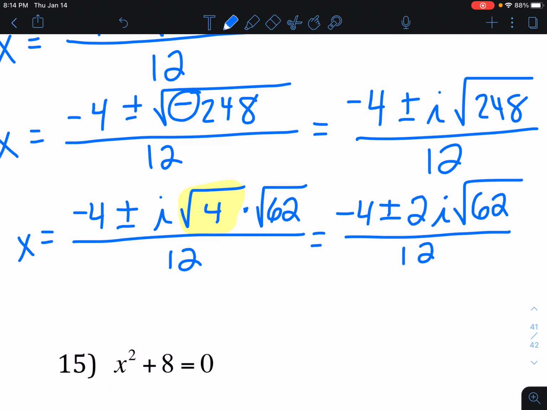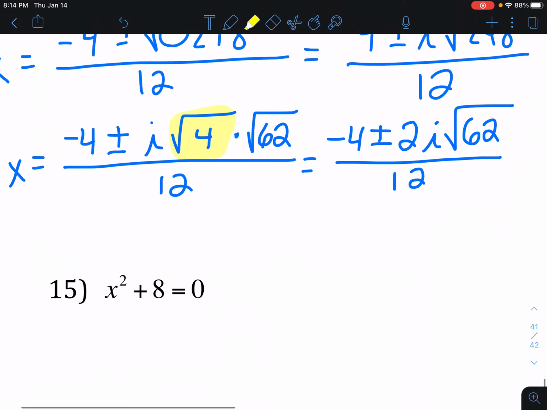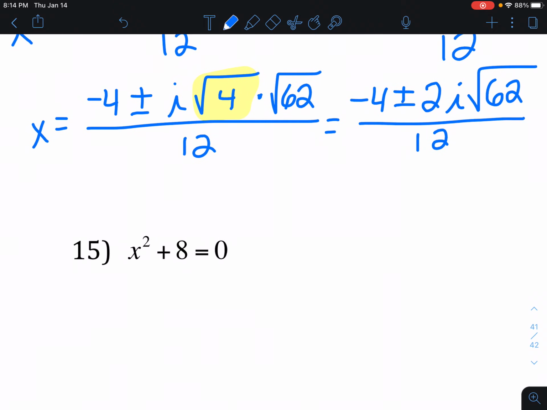Now after that, it does get very tricky. This is a fraction after all, and we do like to reduce fractions in math, of course. Actually, I'll make it easier on you guys. Here's what you want to do. You want to split it up into 2 fractions. Negative 4 over 12 plus minus 2i root 62 over 12.